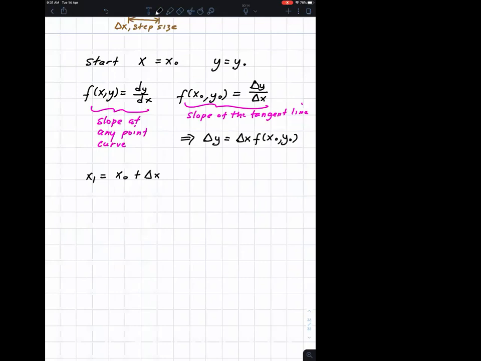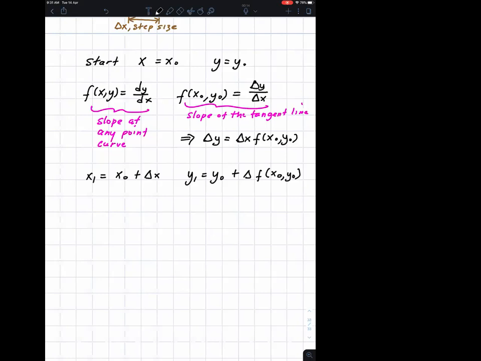Similarly, y1 is going to be the initial y plus delta x times the function with the initial values plugged in.